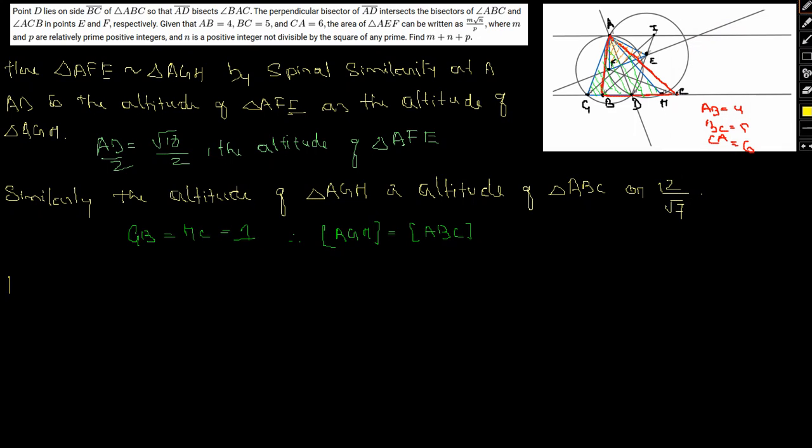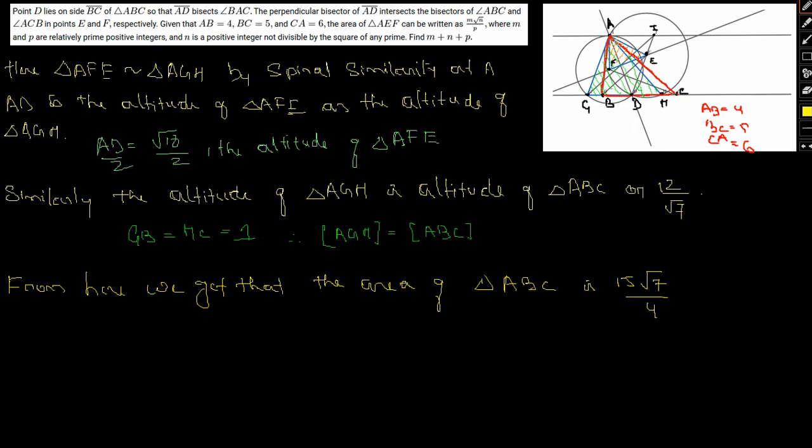So from here we get that the area of triangle ABC is 17 root 7 by 4, which gives 36, which is the required answer.